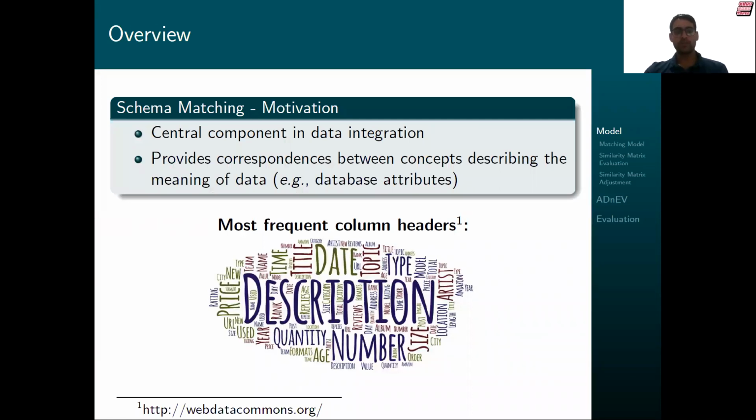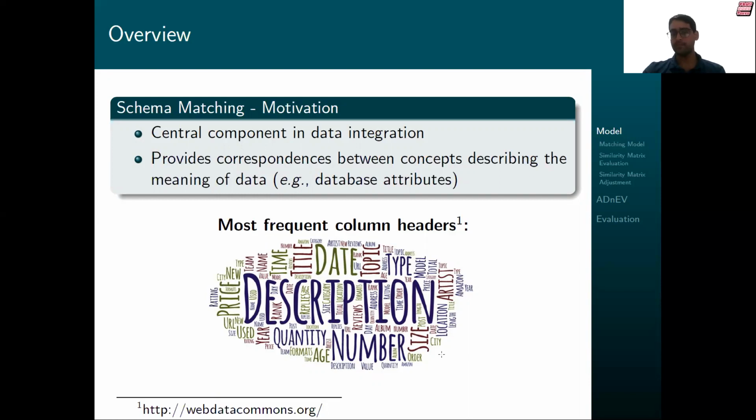In this work, we tackled the problem of schema matching. Schema matching is a key component in data integration with the main incentive of providing correspondences between data elements, for example, database attributes. By way of motivation, consider the following word cloud with the most common column headers as extracted from thousands of web tables.